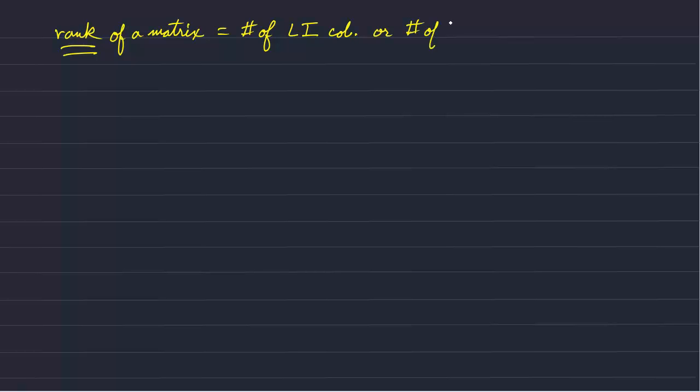Now the rank of a matrix equals the number of linearly independent columns or the number of linearly independent rows.